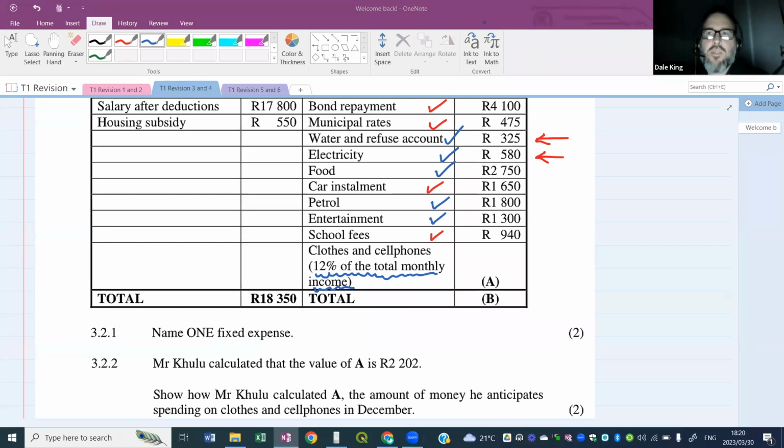All right, we got a thumbs up there from Giamo that she's tried it out and she is getting the same value. But I need someone to explain to me how they got this 2,202. What did you do to get this value? Ah, Sambulo.